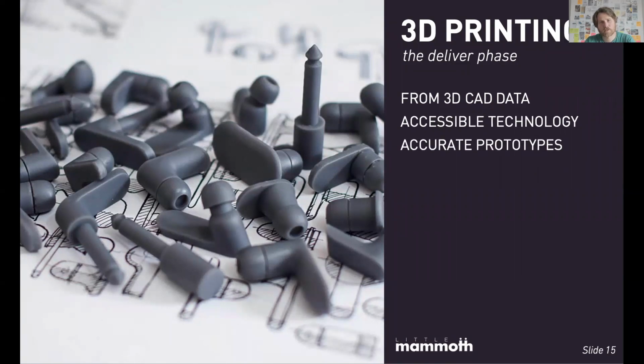And because it comes from 3D data and something that you've created in your 3D package, the prototypes are very, very accurate. There are many different materials used now as well. So that's one of the benefits of this method. Even with the plastic materials, you can have different colors, different strengths, different stiffnesses.